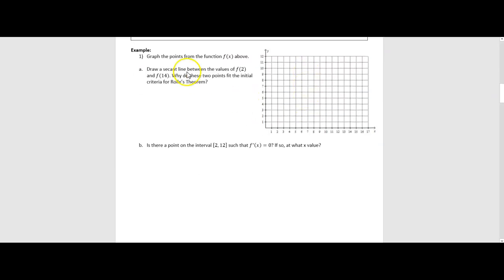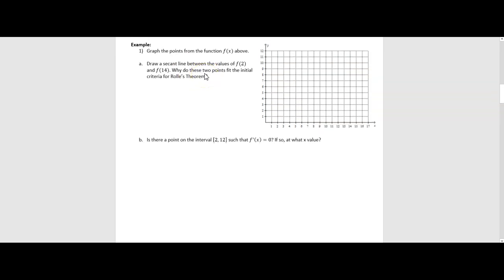So it says graph the points from the function f of x above. So you can't see it on my screen, but you can look at it yourself. That is the table with those points. So we're going to quickly graph those points. We have 0, 1. We have 2, 5.